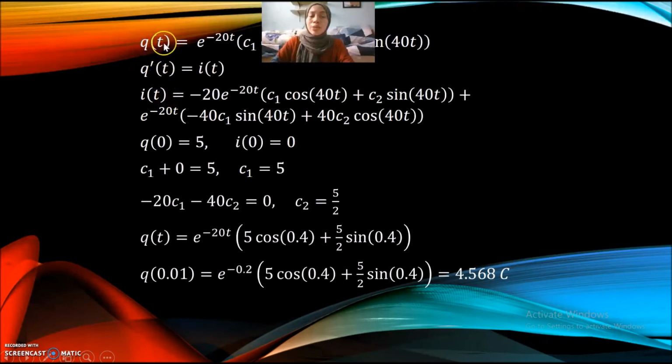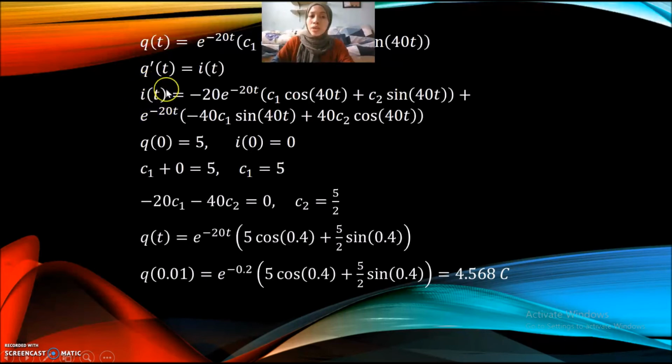So we have Q(t), the charge of the capacitor. This is the equation for the charge: e to the power of negative 20t, this is the factor, times C1 cosine 40t plus C2 sine 40t. We recall from the notes that Q prime (t) equals I(t), the derivative of Q(t) equals I(t).